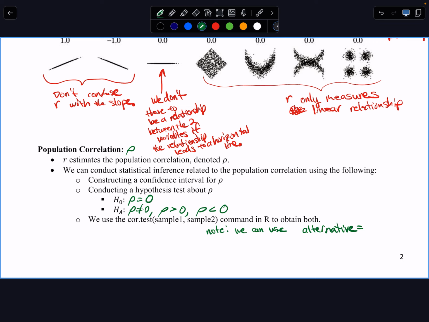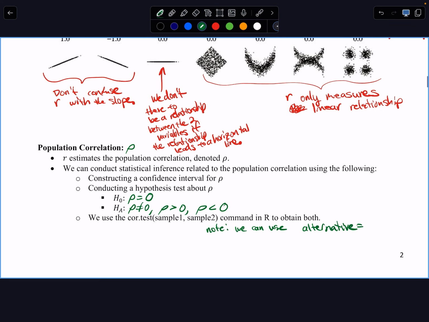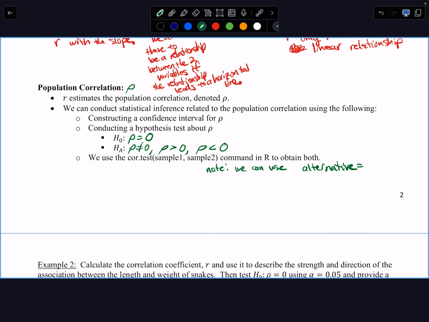So we can test whether it equals 0, greater than 0, or less than 0, or if we want to know how big we should expect that correlation coefficient to be in the population, we can construct the confidence interval. And then we can say that, hey, we do have a strong linear relationship, or my linear relationship may be pretty weak, based off of that confidence interval.